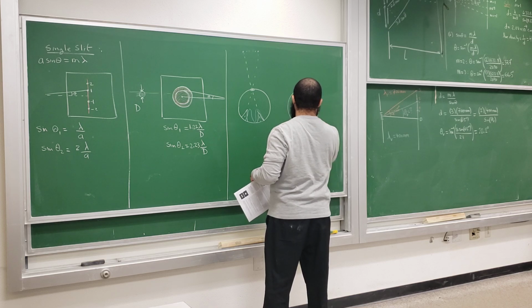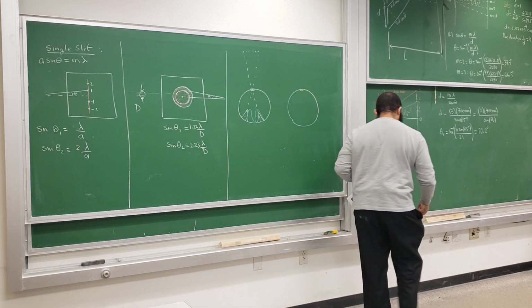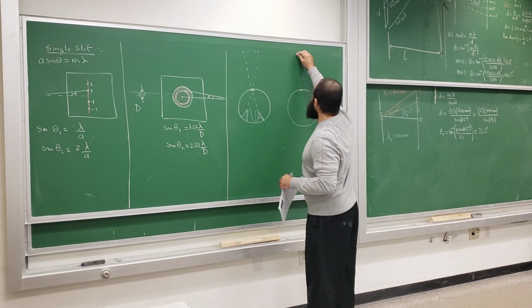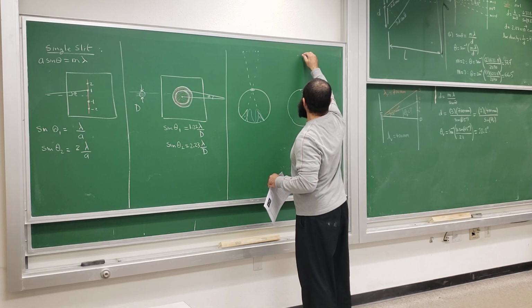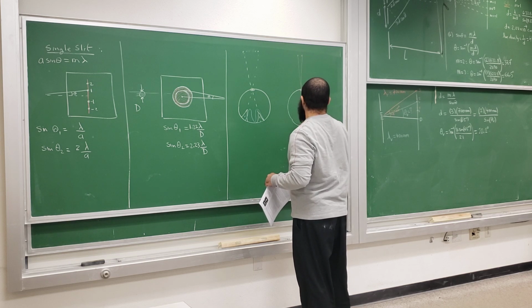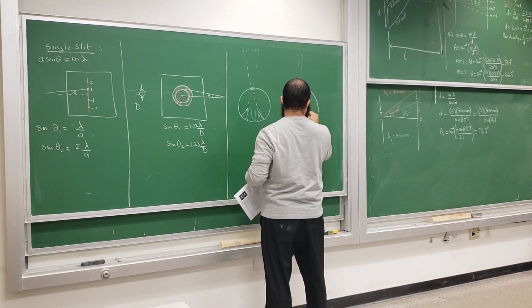Let me draw the eye again. Here's the pupil. And let's now use red. Let's say one is here and one is here. Let's say this is the maximum of this one, and the maximum of that one is here.